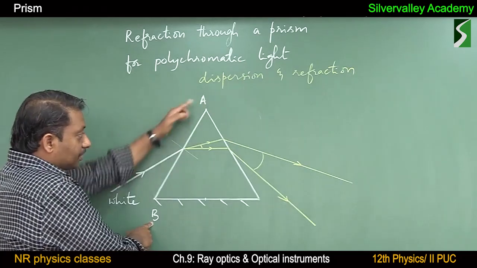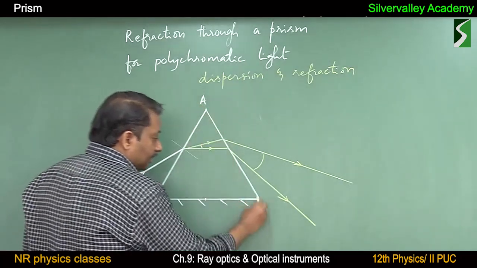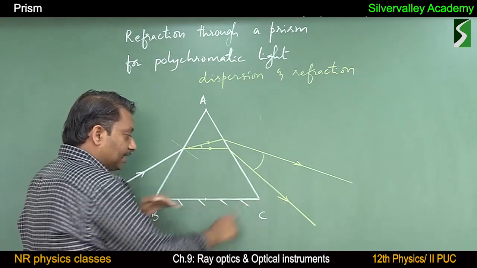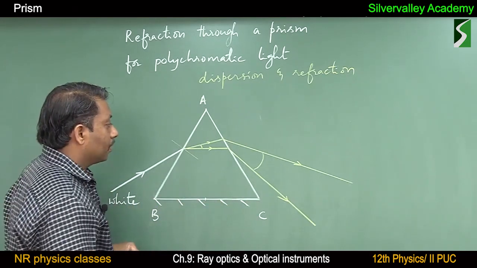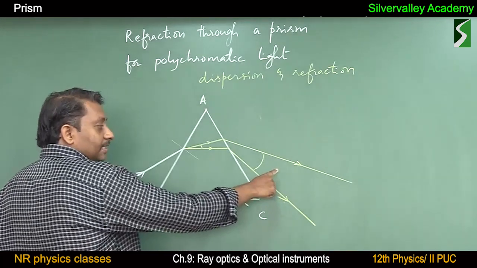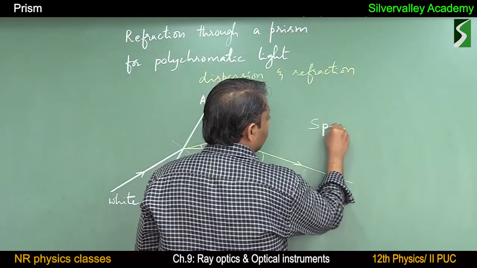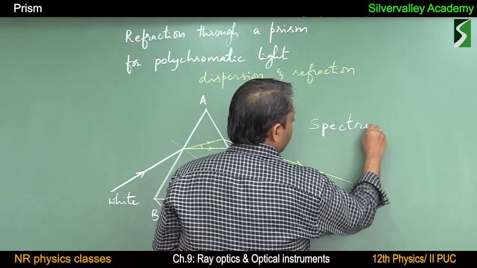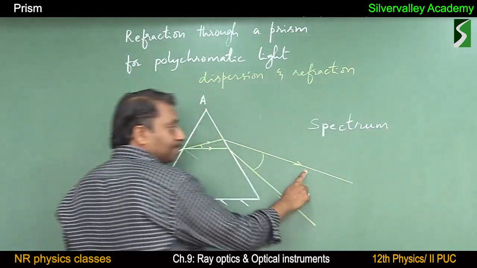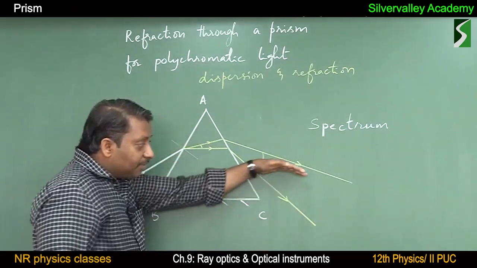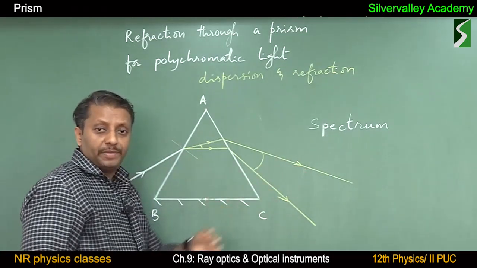AB is a refracting phase, AC is second refracting phase, and BC is the base. This is called spectrum. This is spectrum of light. Spectrum of light means arrangement of light according to some parameter.